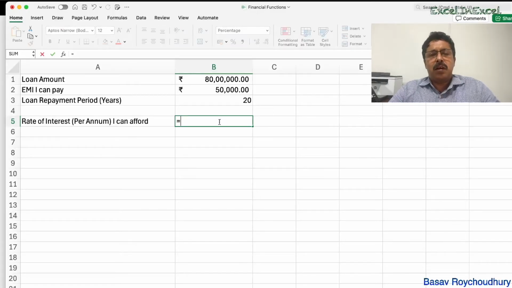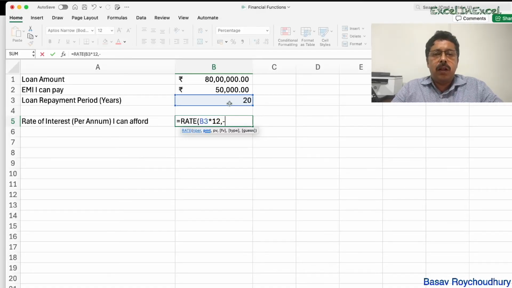So the rate of interest that I'm looking at would be given by the rate function. It needs the NPER, right? Which is 20 into 12. Now the PMT is the EMI, the periodic payment that I'll be giving. Now this is going to go out of my pocket, and therefore let's put a negative 50,000 this time because it is going out of my pocket.